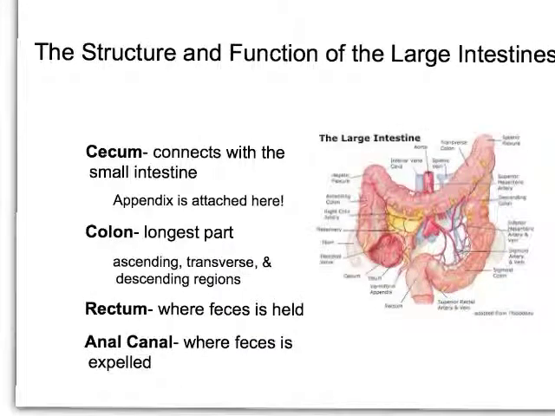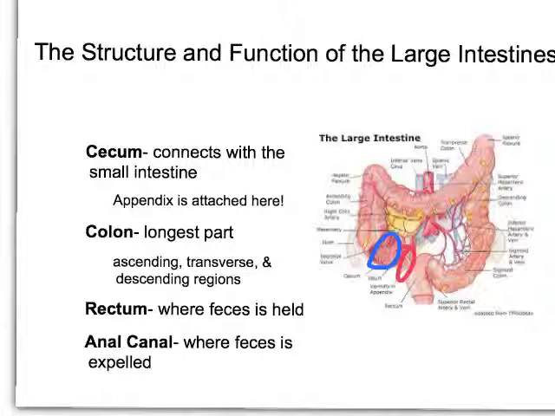Alright, so we've got 4 regions of the large intestines that we'll talk about. The first is called the cecum. That's going to connect the small intestines to the large intestines. And right at the cecum we have the appendix, okay, that is attached right there.